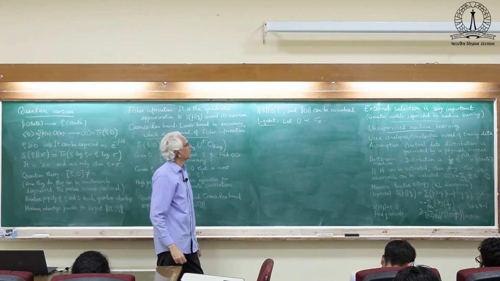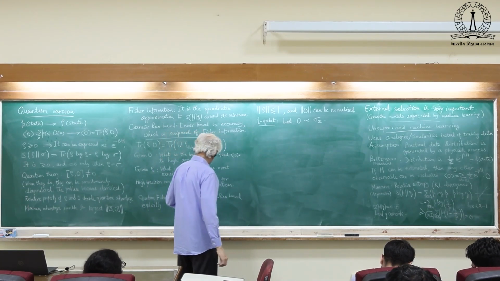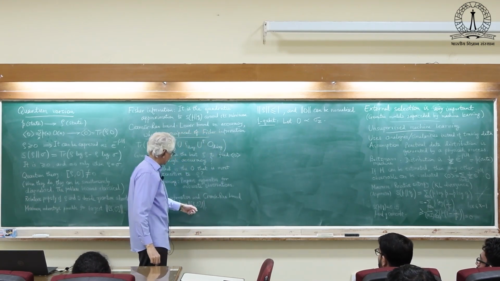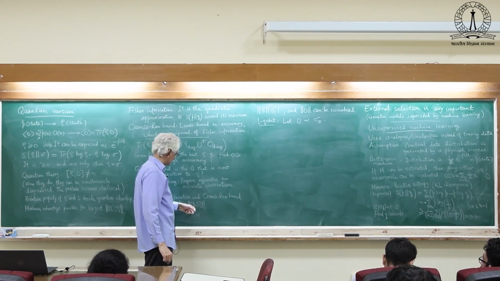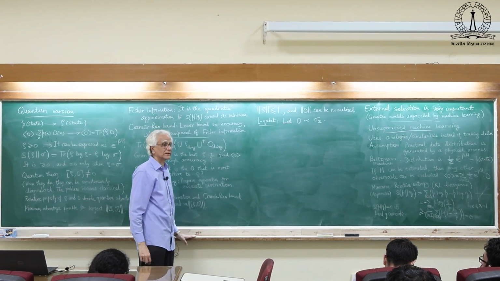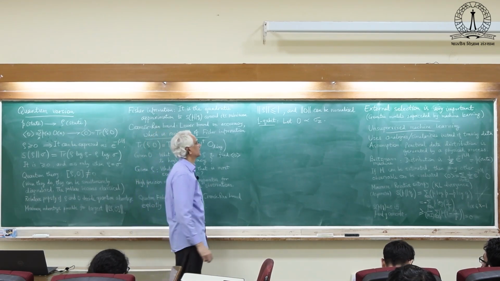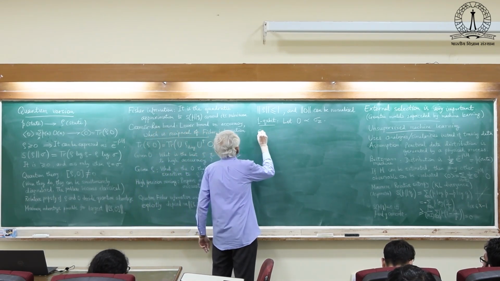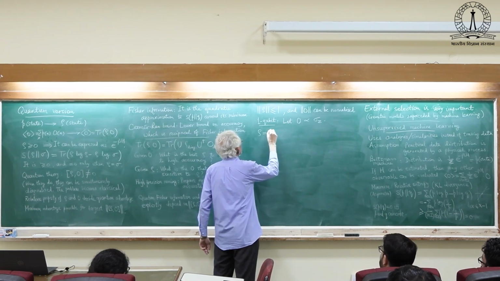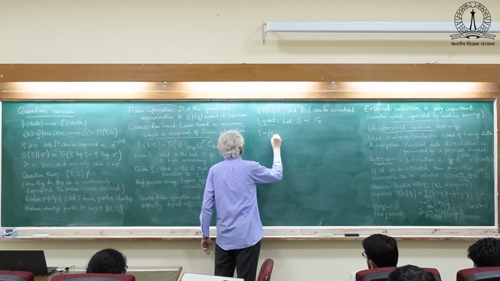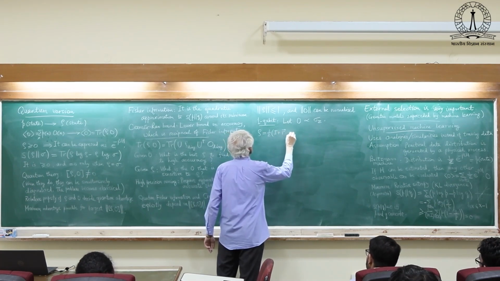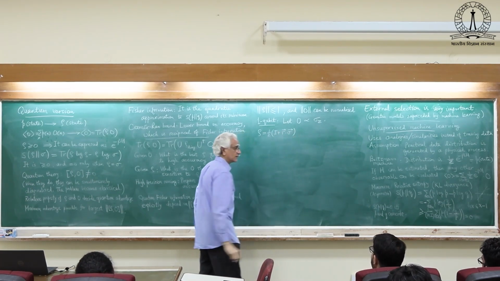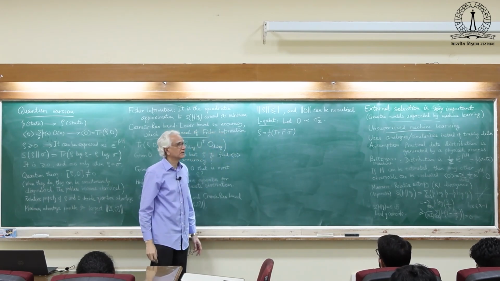Okay. Then which are the combinations that will produce the largest non-commutator? The answer is very straightforward. You know that a generic density matrix is given by this.